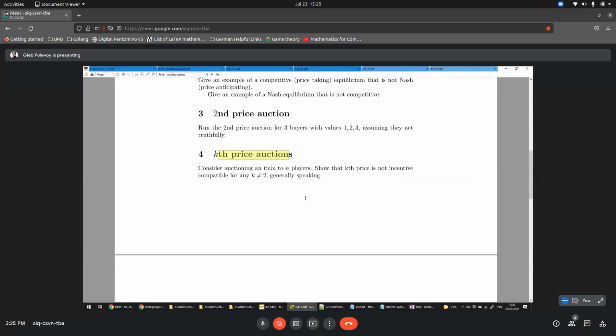Just show, maybe by a counterexample, at least one case where the k-th price is not incentive compatible. Do it for any k from 1 and on, without 2, of course. So first price is not compatible, third price, fourth price, fifth price, and so on. Of course, we assume that when we talk about k-th price, there are enough players.